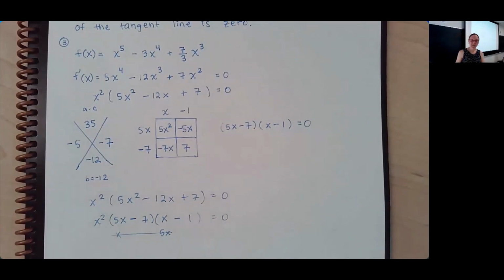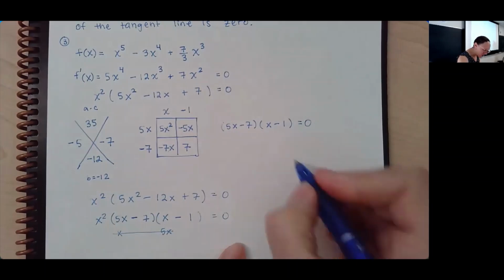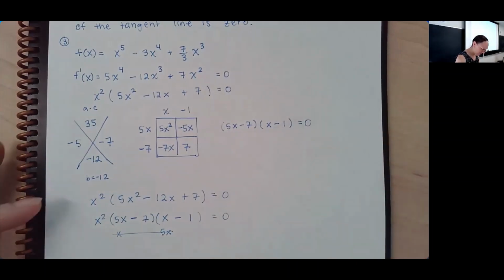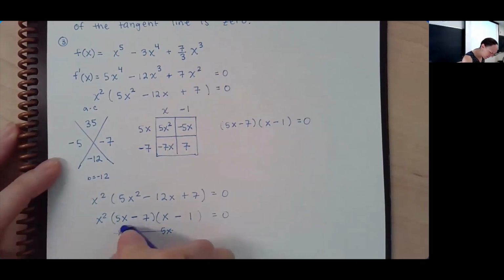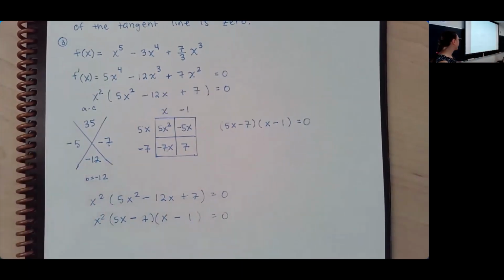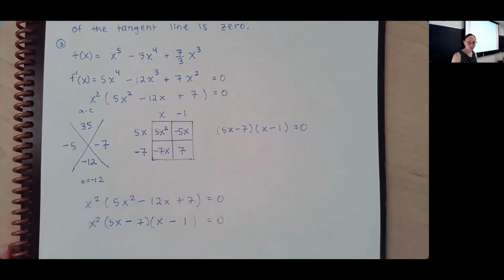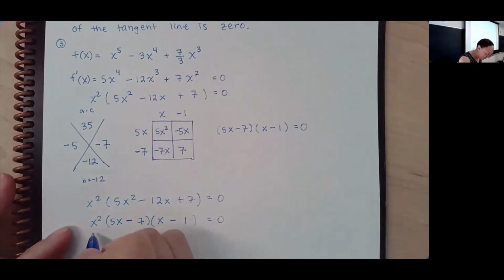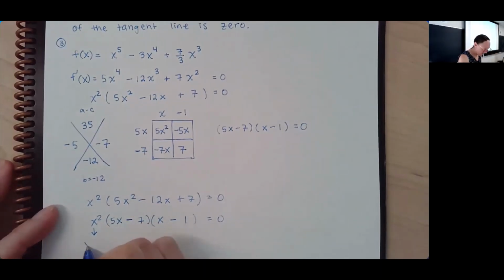So if you have other techniques that are working for you to factor, you can use any technique you like, as long as it's working. So all of that was just to get us to this lovely thing being factored so that I can pull off the x values where the slope of my tangent line is 0. Well, the value of x that makes x squared 0 is x being 0.